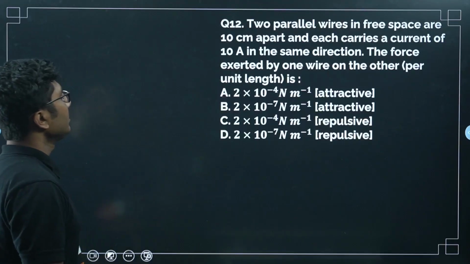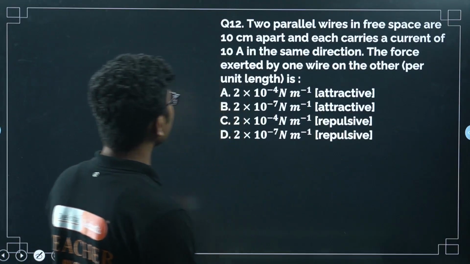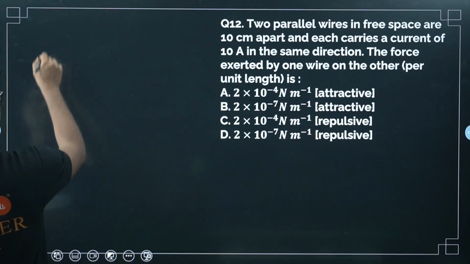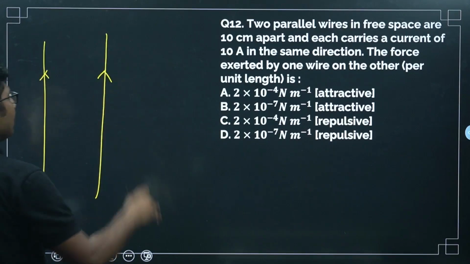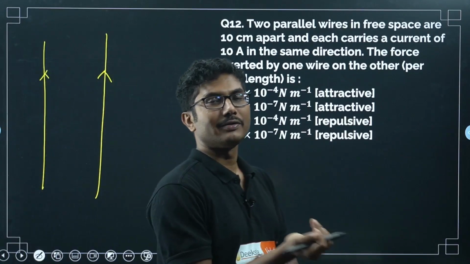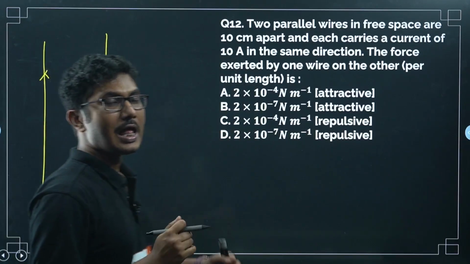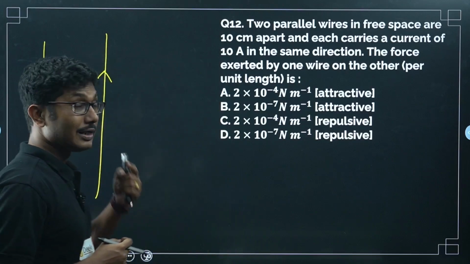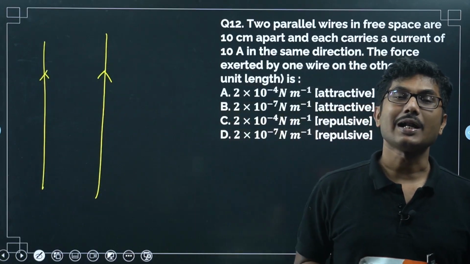Two parallel wires in free space are 10 centimeter apart and each carries a current of 10 ampere. Now, while doing the regular classes, I made a mistake. I said if the currents are going in the same direction, they are repelling each other, but actually when the currents are going in the same direction, they are attracting.